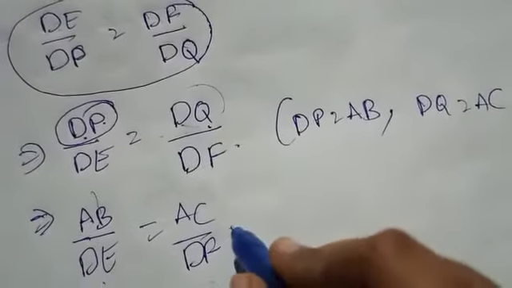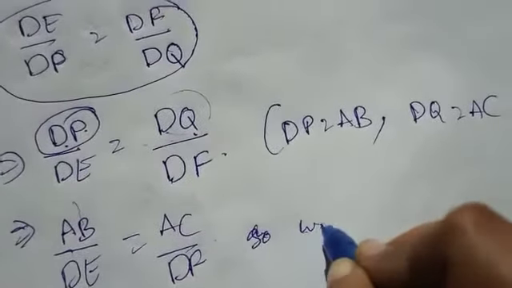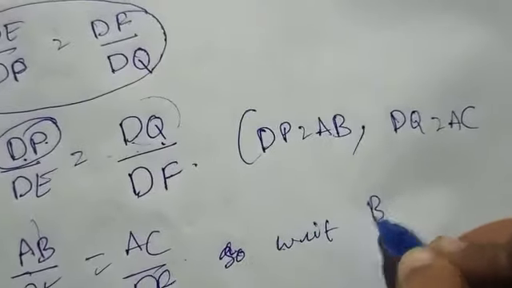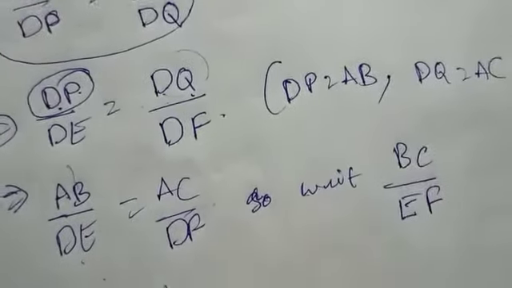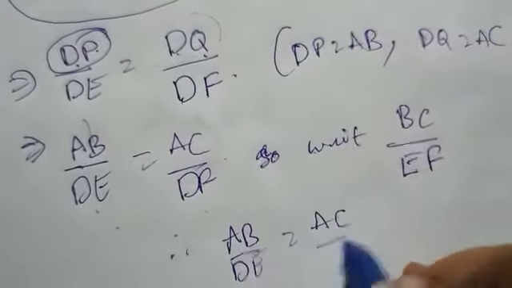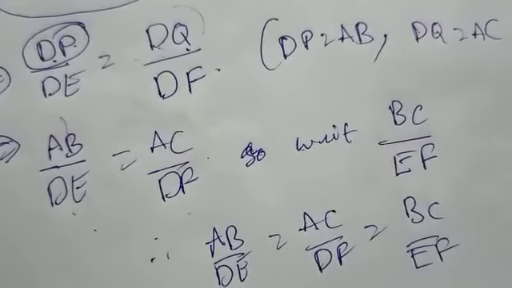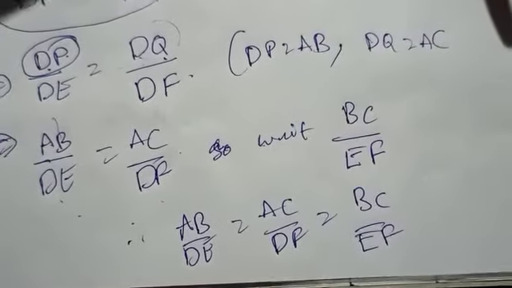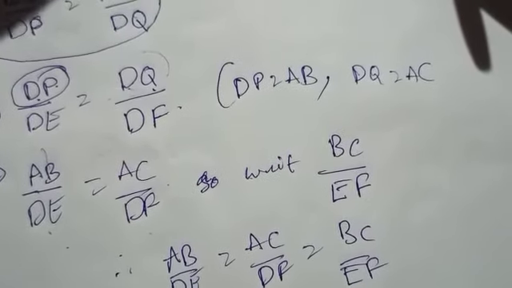In the same way we can write BC by EF. Therefore AB by DE equals AC by DF equals BC by EF. Hence this is the AAA criterion of similarity of two triangles.